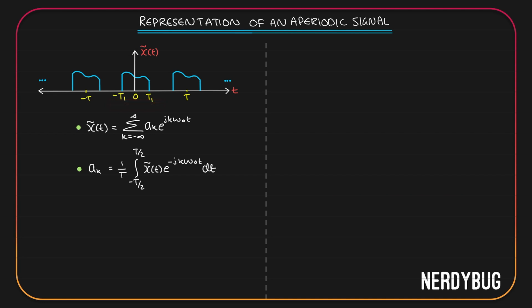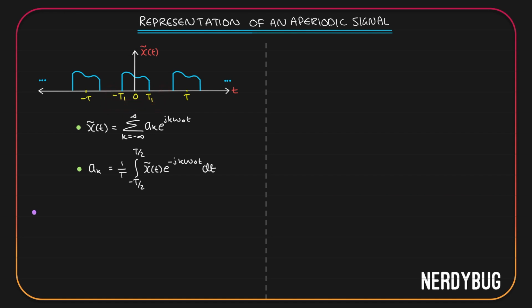So we have x tilde of t. Its Fourier series is given over here. Its Fourier series coefficients are given here. We are taking integration from -T/2 to T/2 only. That is from this point to this point. But between these points, x tilde of t is actually equal to x(t), which is one period of x tilde of t.